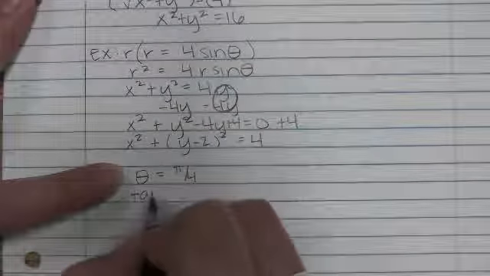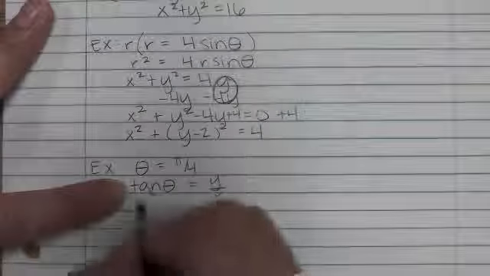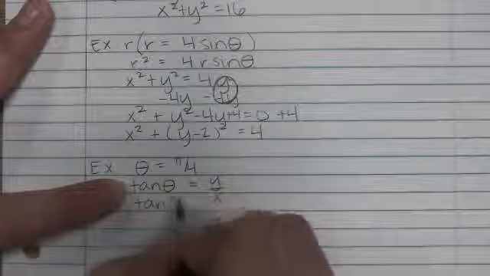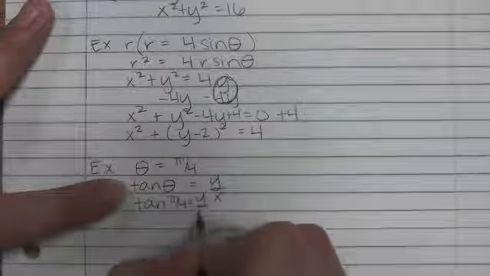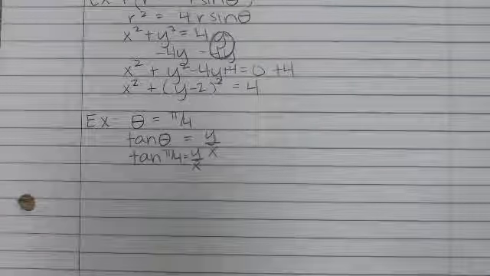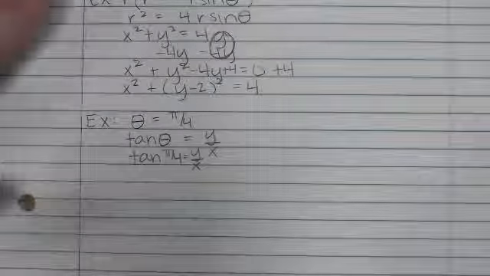So I'm just going to say if I do tangent of theta equals y over x, and my theta is pi fourths, then I'm really saying tangent of pi fourths equals y over x. And tangent of pi fourths would be root 2 over 2 divided by root 2 over 2. So I really get 1 equals y over x.